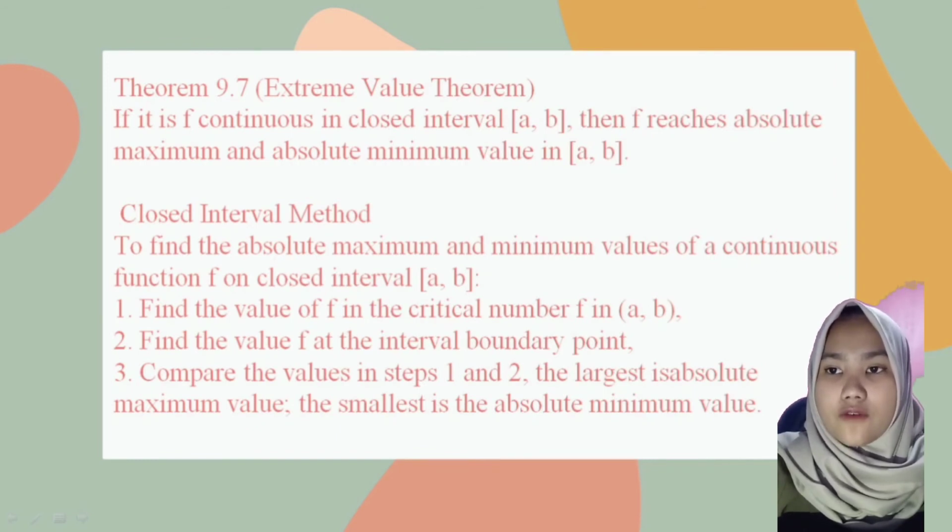Find the values of f at the critical numbers of f in (a, b). 2. Find the values of f at the interval boundary points. 3. Compare the values in step 1 and step 2. The largest is the absolute maximum value, the smallest is the absolute minimum value.